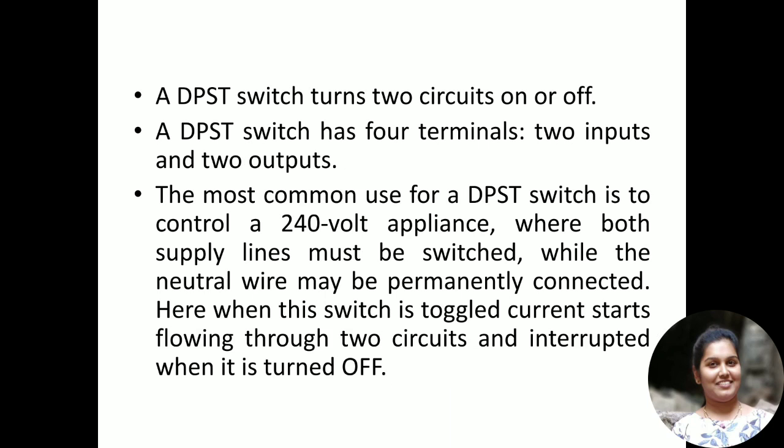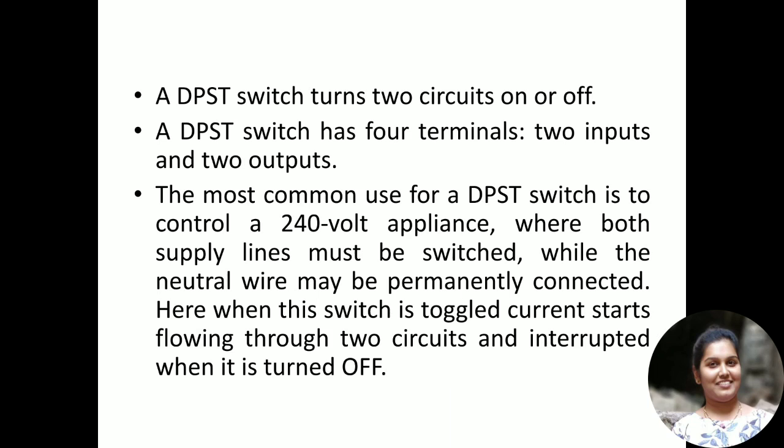A double pole single throw switch turns two circuits on and off. As it has two poles, in the previous example using two lights there was only one pole; here we have two poles, so two different circuits can be turned on and off.